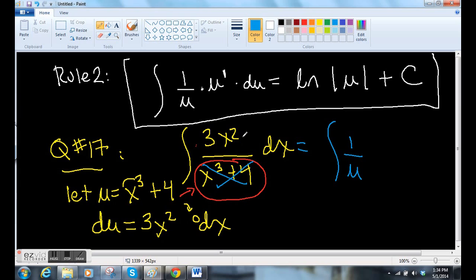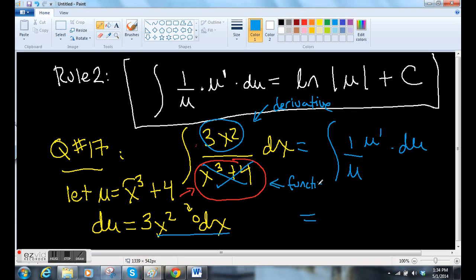And on top, we have 3x squared dx, which is the derivative, du. So once you have it so that you have the derivative of the function on top, and on the bottom you want the function, whatever the messy function is.